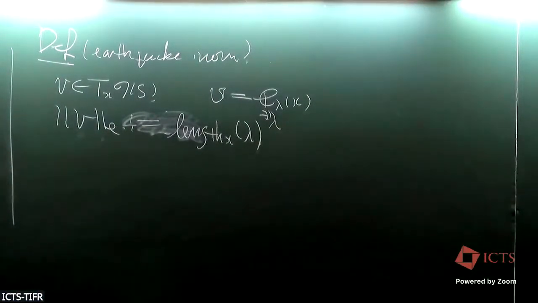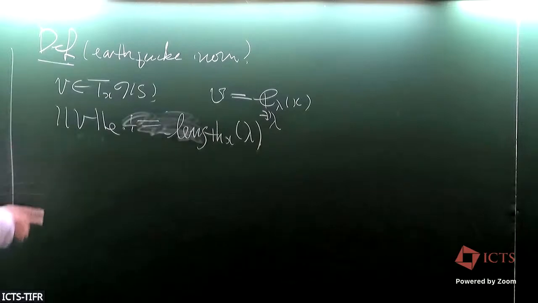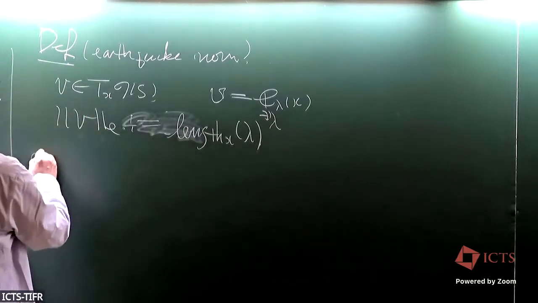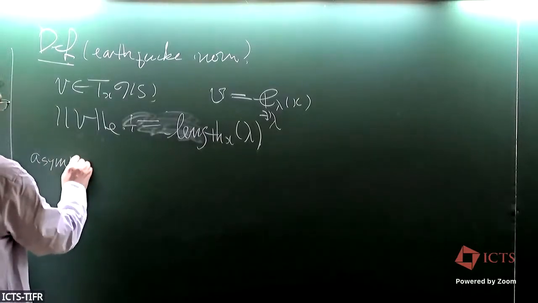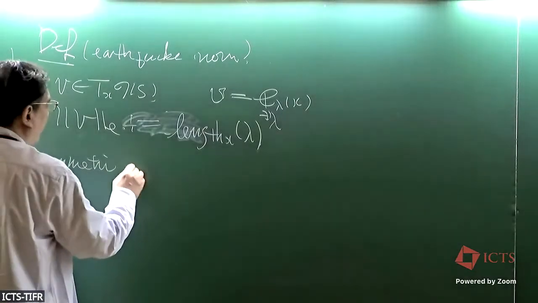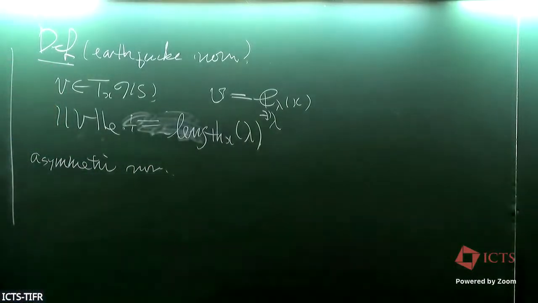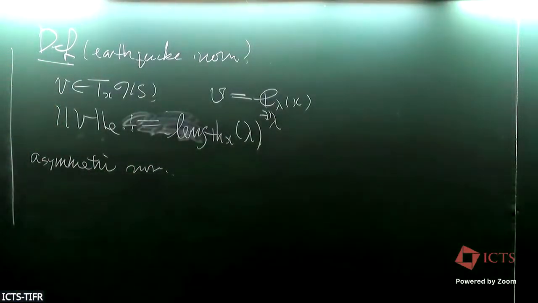It's easy to check that this is, by the way, something like an asymmetric norm. So as before, we don't have the norm of minus V equal to the norm of V. But even the triangular inequality is not so clear if we just consider this definition.